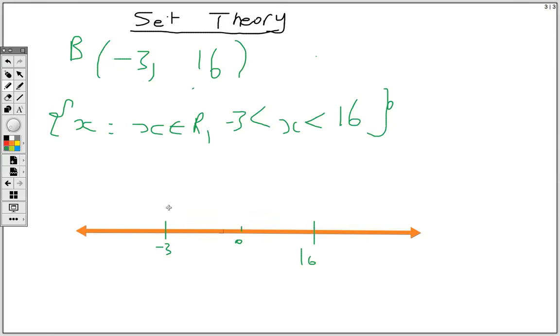So since both are open, I'll have my open circle without any shade within, and connect the dots. Above -3, it's open because we don't have any equal to in the inequality, and it's the same thing with the curved bracket. Same thing for 16, no equal to, no square bracket, so it's open above 16. And this represents B.